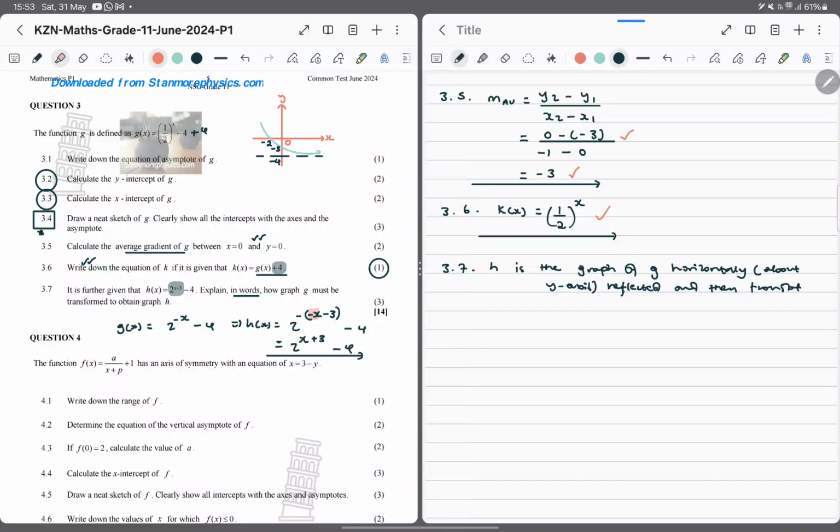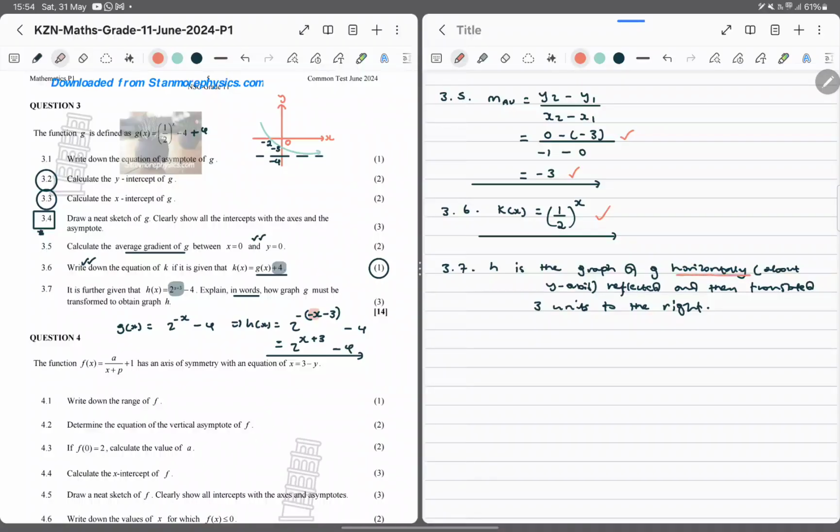Now we're using the nice words. So the graph of h is the graph of g horizontally reflected.